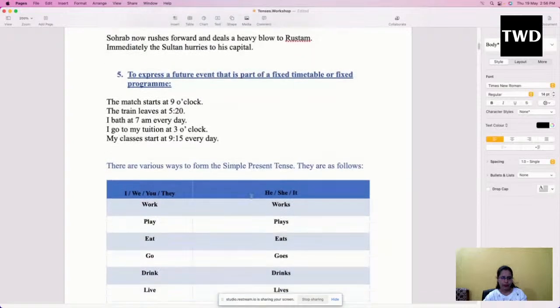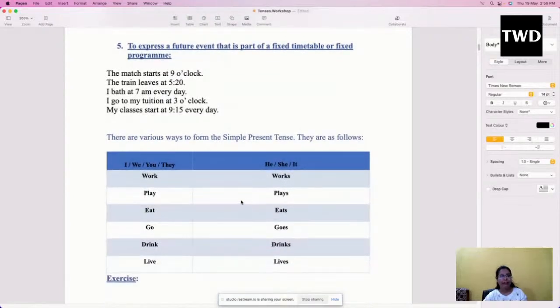Then, okay, if you have missed yesterday's class, this is just a small gist about it. Whenever we have the pronouns I, we, you, they, we are going to use plural verbs. Plural verb means the action word will come without s.